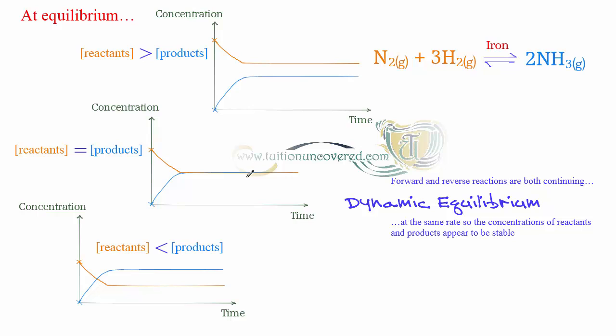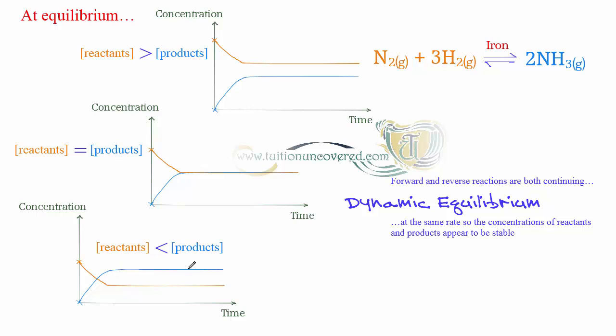We can look at this with respect to the position of equilibrium. So back to this graph, if the reactants have a higher concentration than the products at equilibrium, the position of equilibrium is said to be to the left, towards the reactants.